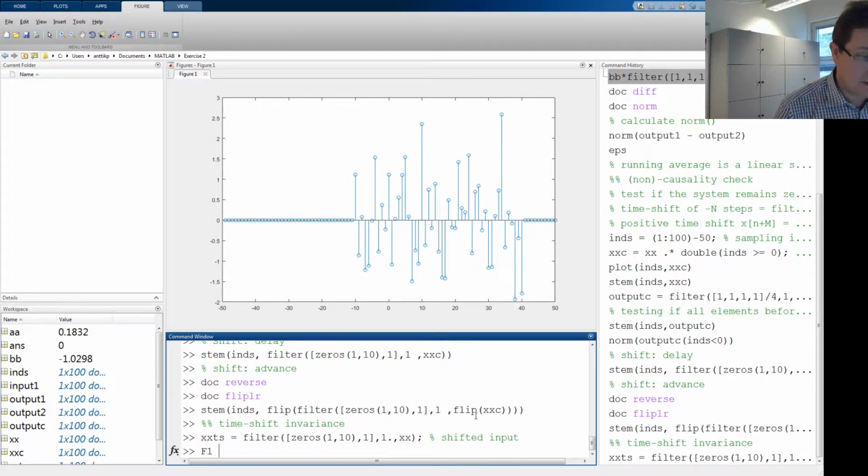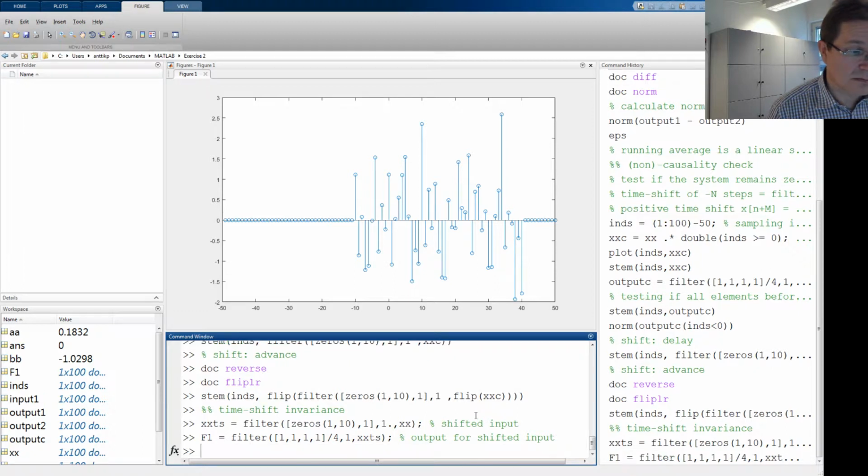F1 is filter. All right, output was shifted input, and then F2 would be the shifted output of the original signal.